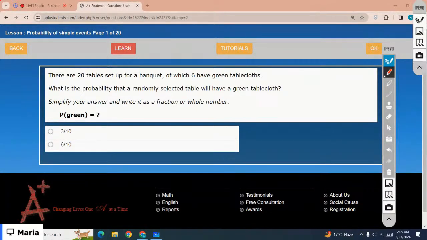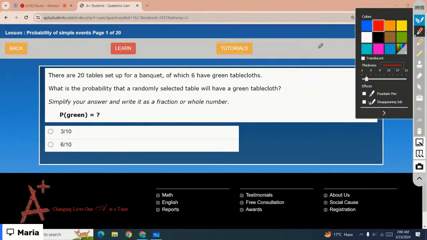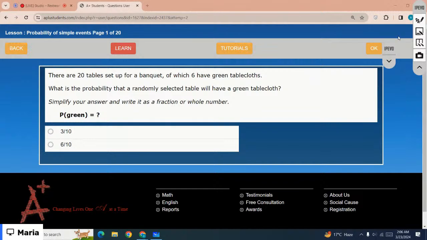The correct option is option number 1, that is 3 over 10. Got it? Option number 1 is the correct option, right? 3 over 10 is the correct option.